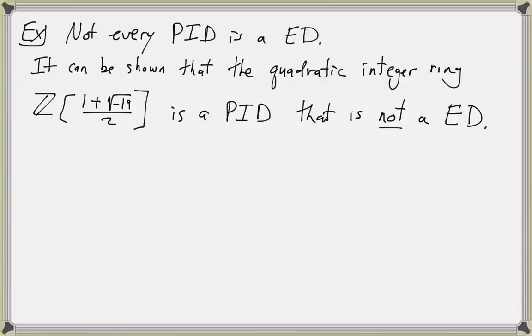So every Euclidean domain is a PID, but every PID is not necessarily a Euclidean domain.